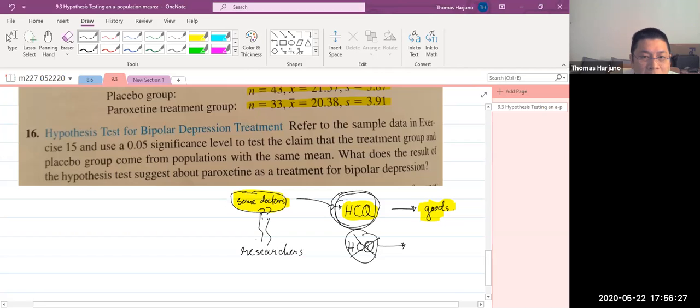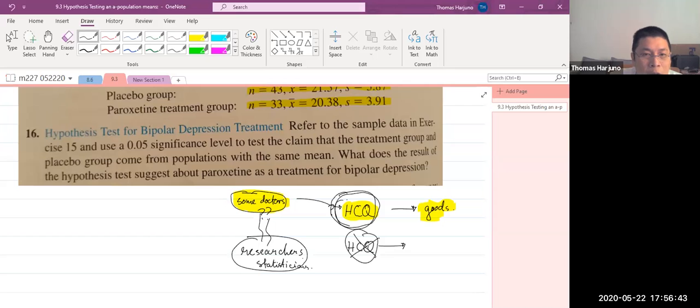Now the thing is, these researchers are people like me. They are statisticians. They have more time and less urgency to take care of people who cannot breathe, so they can have time to do comparisons this and that.